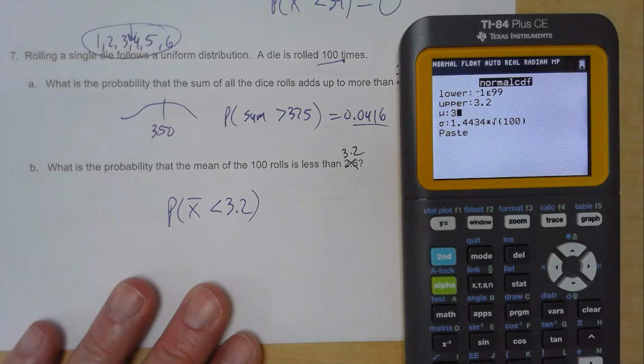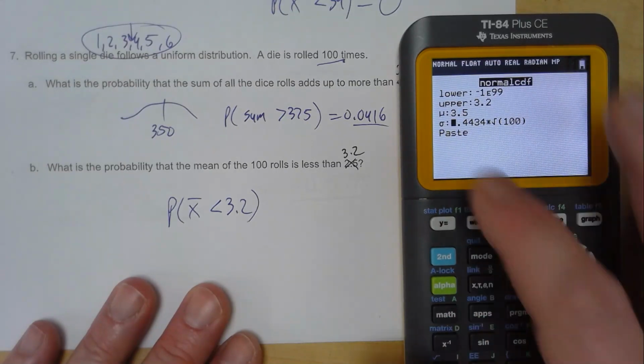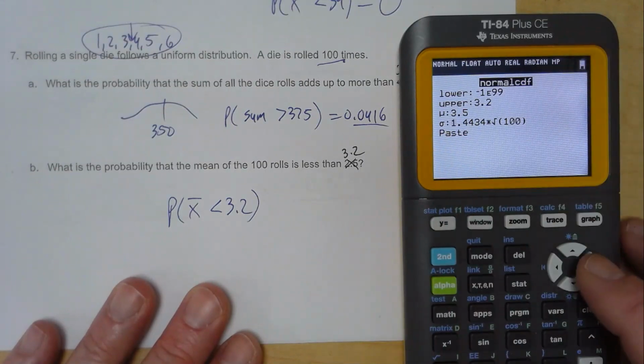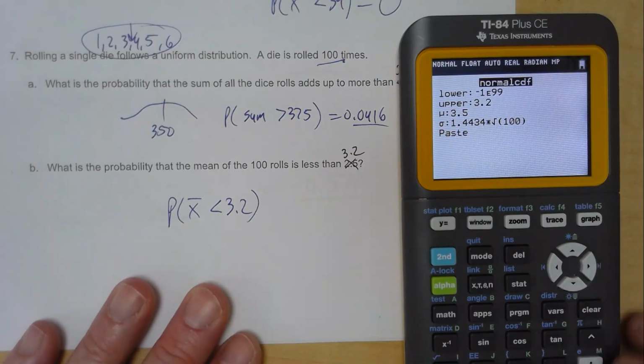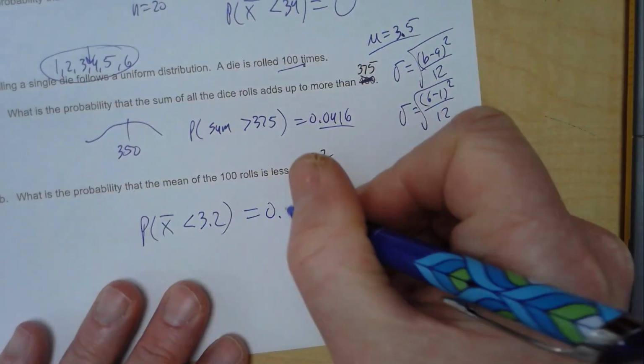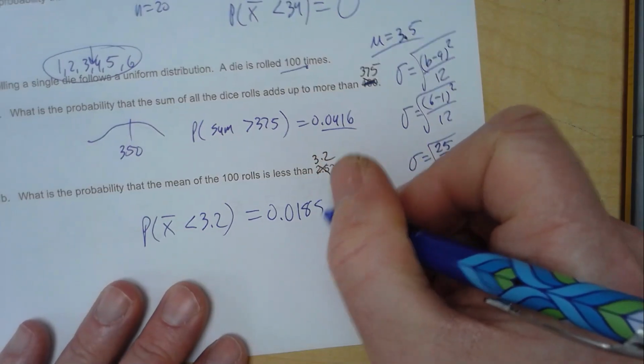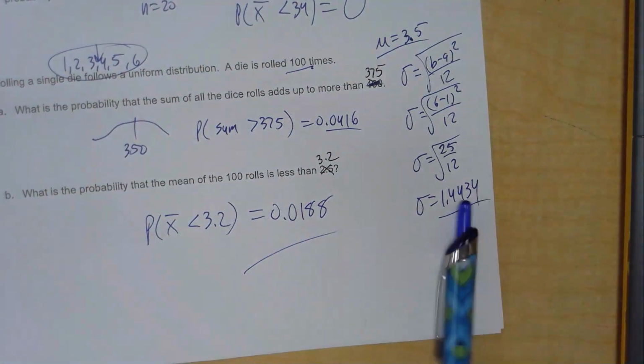My expected value is 3.5, and my standard deviation is that, and then we're going to divide by, so I'll change that to divided by the square root of 100. Paste. 0.188. Sayonara, baby.